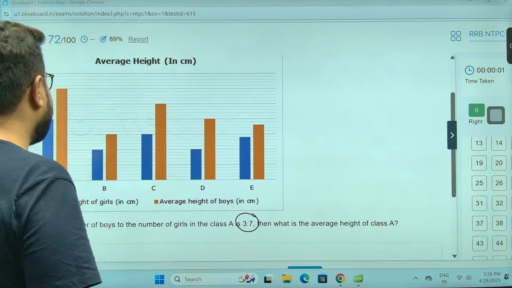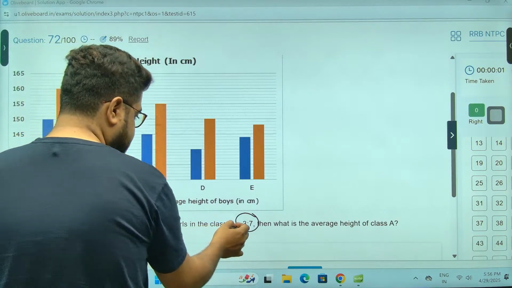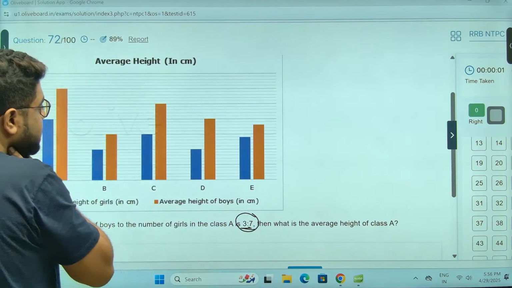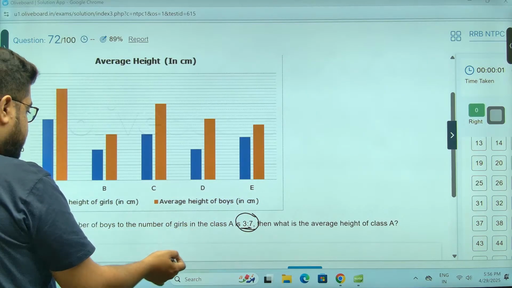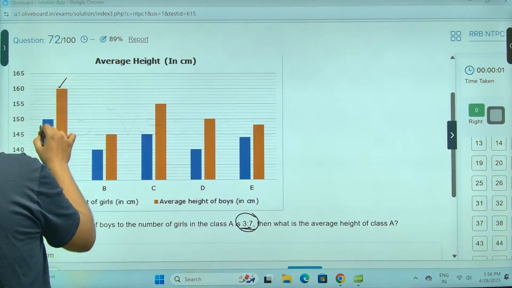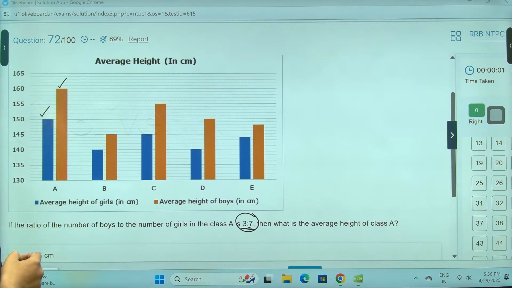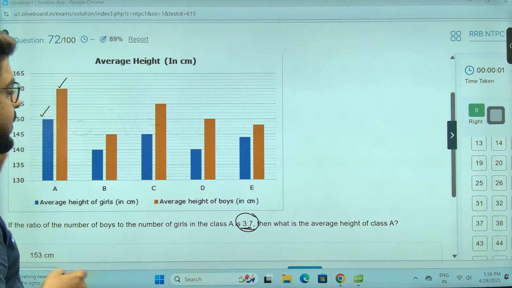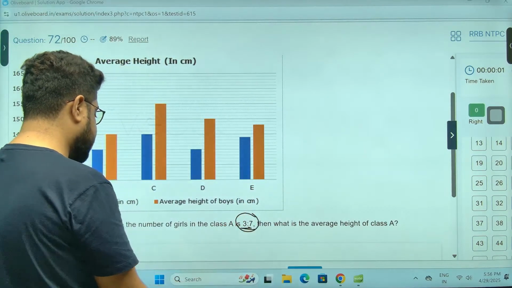This is a weighted average question, sir. Boys to girls 3:7. Boys are 160 and girls are 150. Boys are 3, girls are 7.